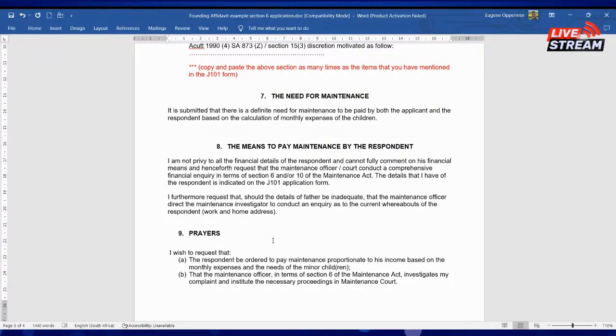What I usually do is, because that would be done during a Section 6 or a Section 10 inquiry, I would leave it at that in the affidavit. I'm not privy to all the financial details of the respondent and cannot fully comment thereon. But if you do have copies of his payslip, then you could add that in there as well. You could just change that to say, I'm not privy to full financial details, but I do have a payslip.